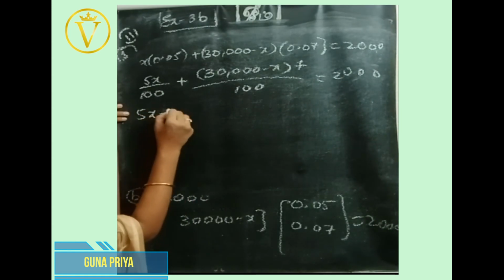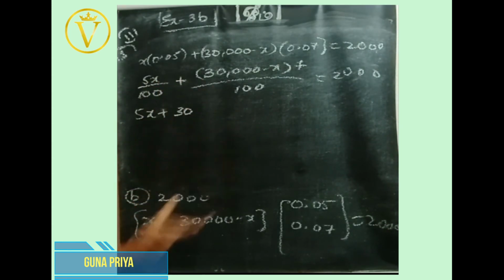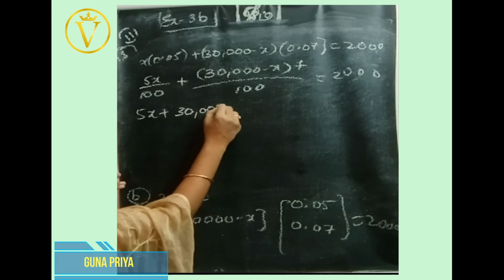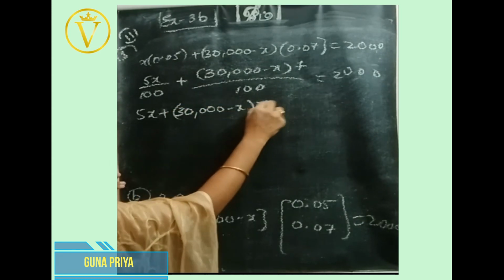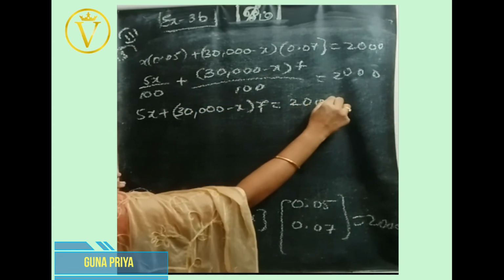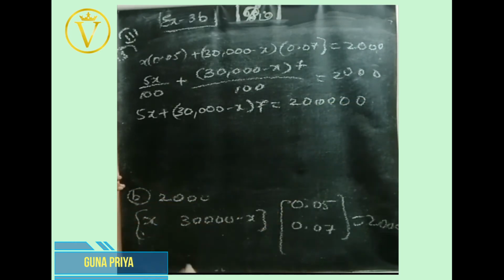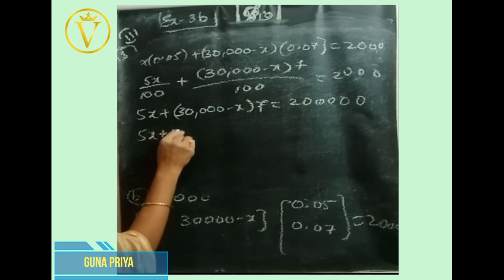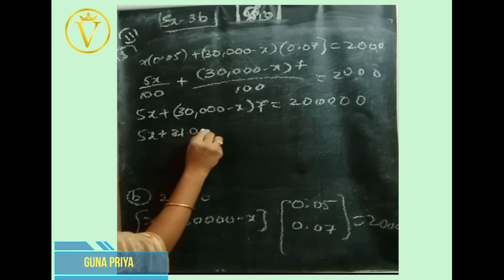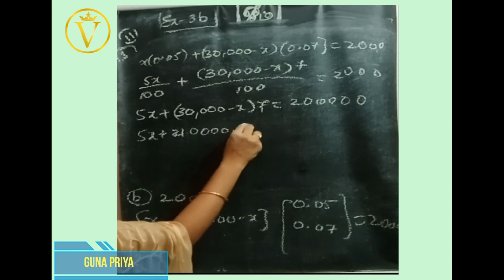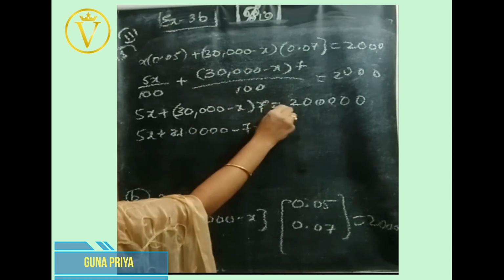Now take the LCM, meaning 100 will be here. 7 equals 2 lakhs. So 2 lakhs, 10,000 minus 7x. Here 7 is there.